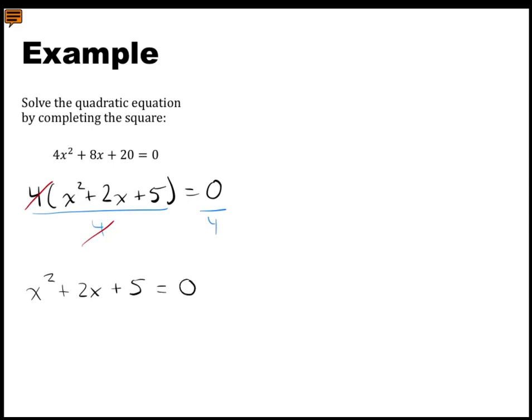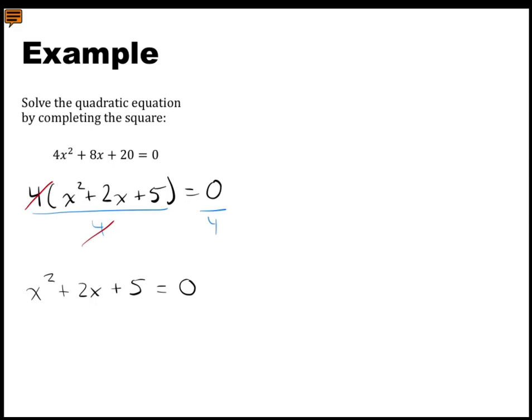If you have nothing and you divide it into 4 parts, each part is still nothing. Now we've got a trinomial whose leading coefficient is 1.